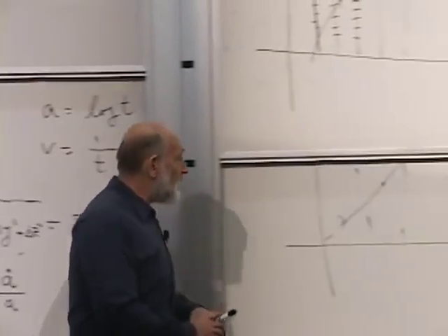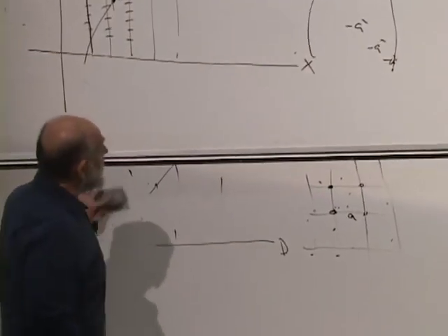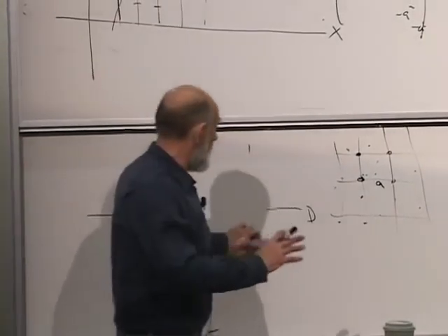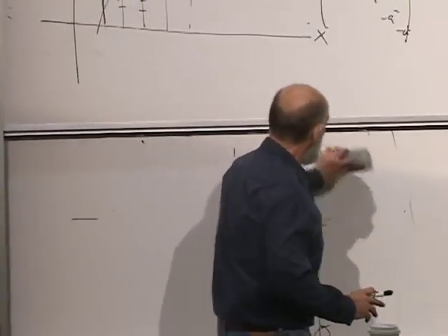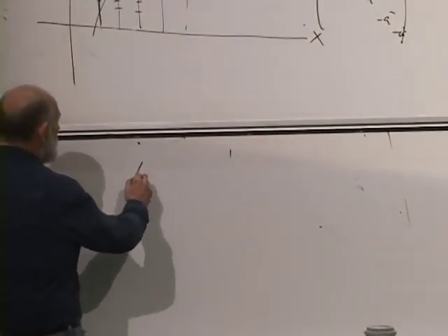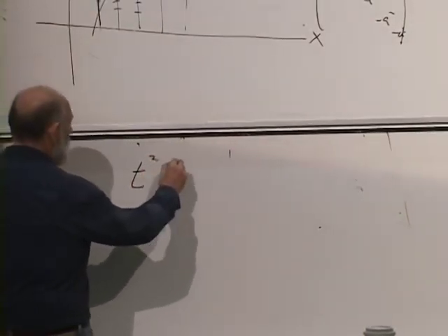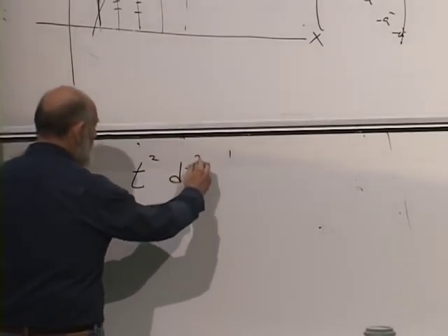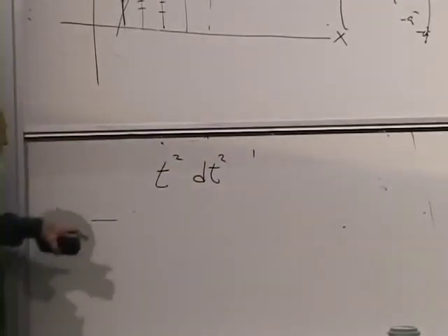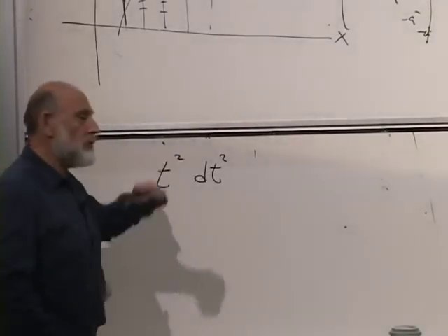Now, what is not a convention is that the coefficient doesn't depend on position, but it could depend on time. So let's suppose that it was t squared dt squared, just for fun.